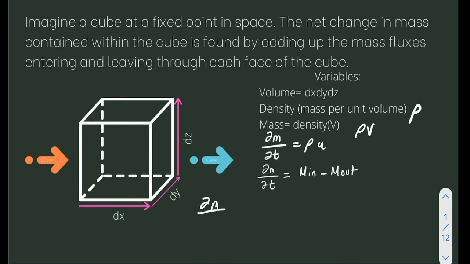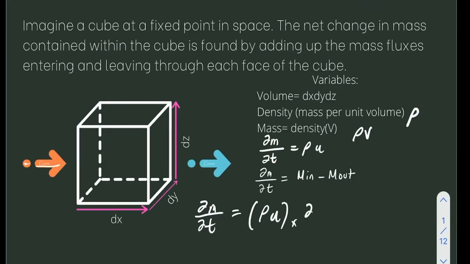Expanding this equation, we have your rho times your velocity u at x. Sabihin natin na may pumasok na itong arrow na to. You have x, times dy dz, minus, ito na yung out niya. So this is your in and your out.